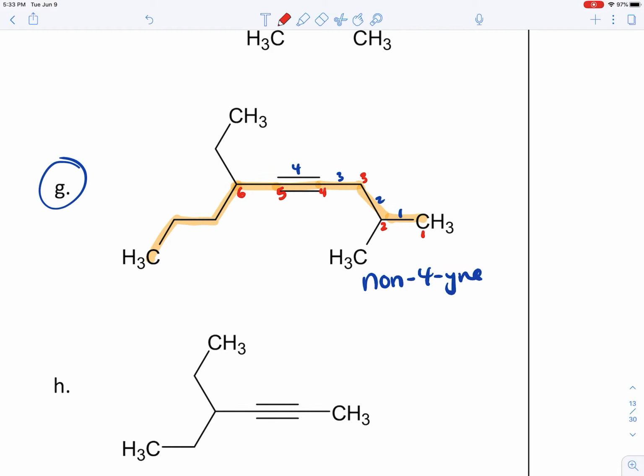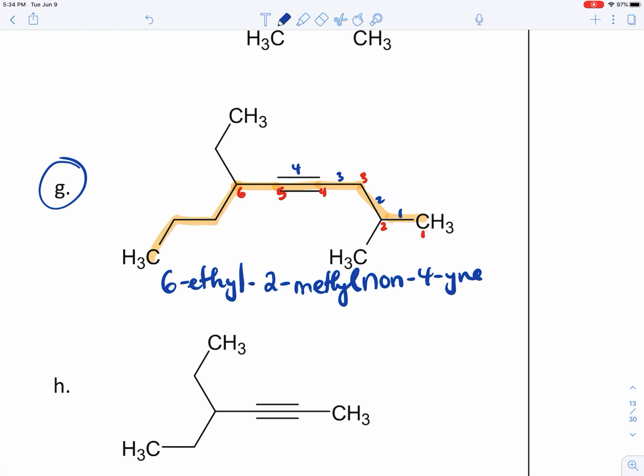And we name those branches alphabetically, so we put the ethyl first. So this will be 6-ethyl-2-methylnon-4-yne. That would be the IUPAC way of doing it. The American system would say 6-ethyl 2-methyl, and then they'd say 4-nonyne.